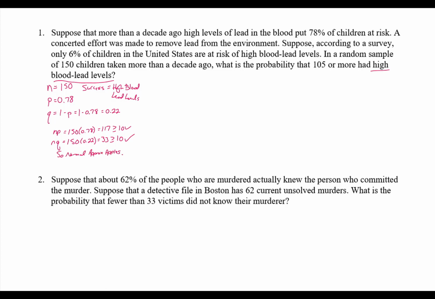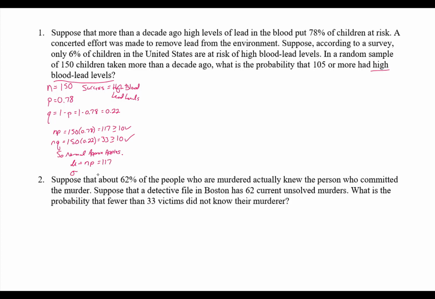The next thing we want to do is find the mean and standard deviation of our binomial random variable, which is going to be the same mean and standard deviation we use for our normal random variable. Our mean, remember you get this for free, so mu is N times P. We've already found that, that's 117.